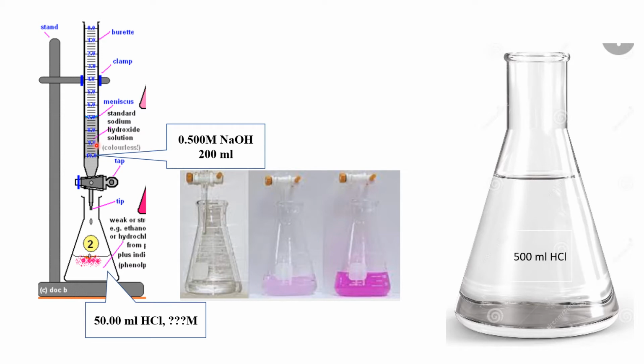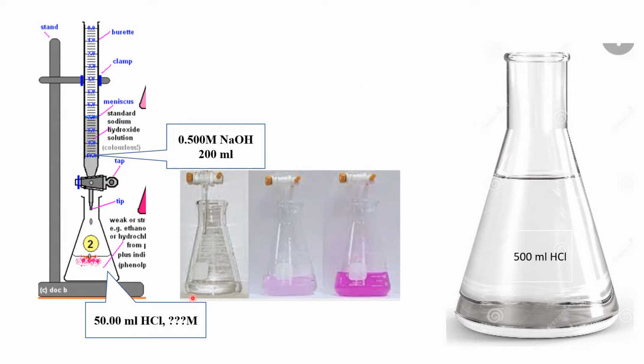The sodium hydroxide here has a known molar concentration until an endpoint is reached. In acid-base titration, an indicator such as phenolphthalein changes color at the endpoint and the titration is stopped.